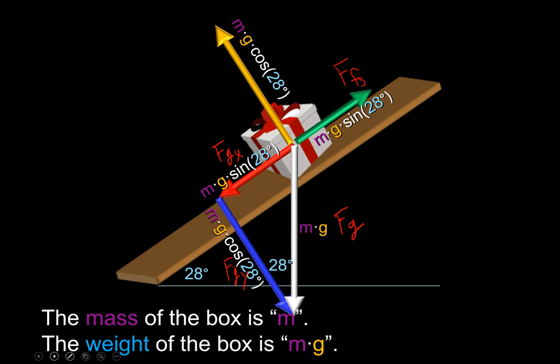Now, your force of normal is going to be the same as your force of gravity in the y because it's not moving in the y direction. So force of normal equals force of gravity in the y, and your force of gravity in the x equals your force of friction as long as it's static.